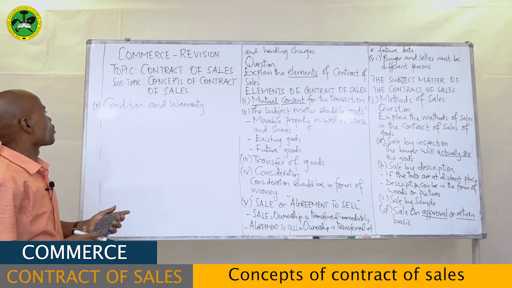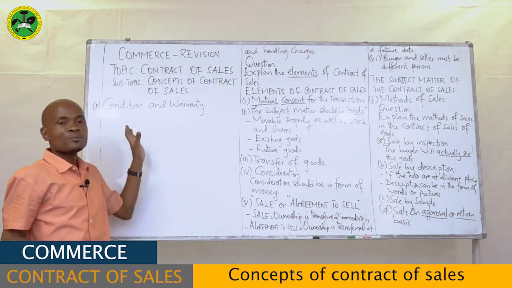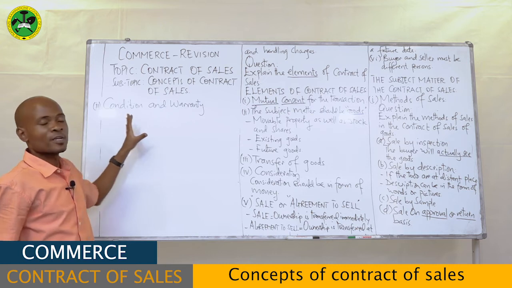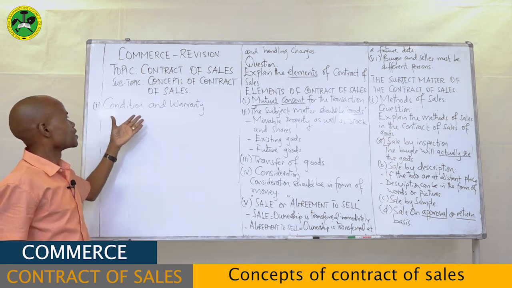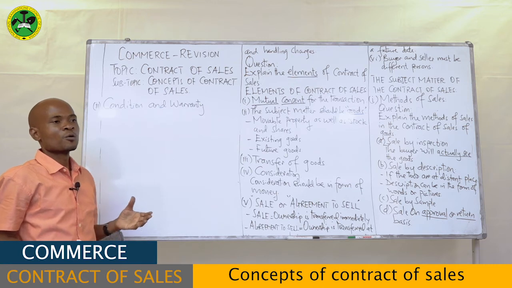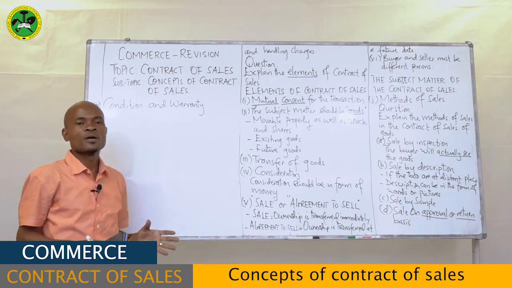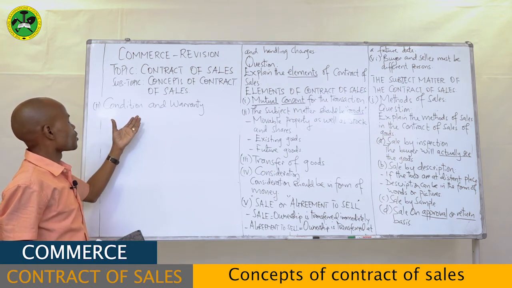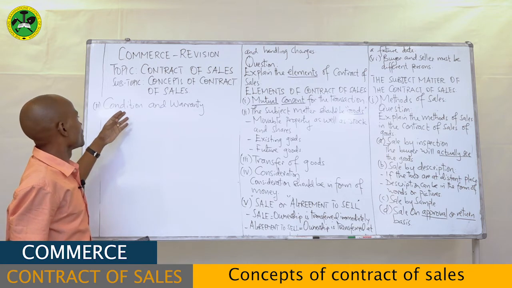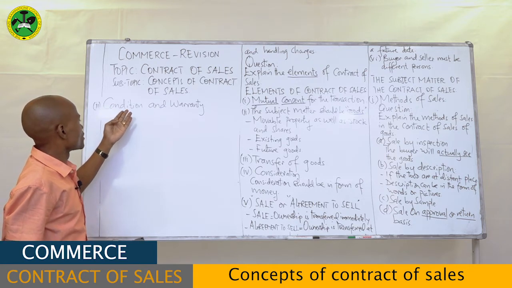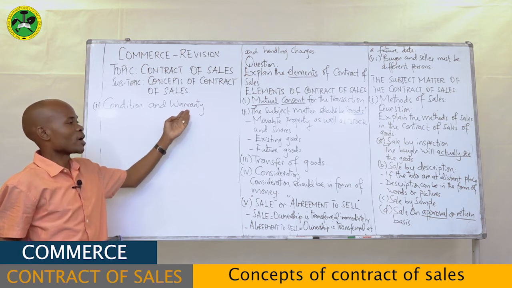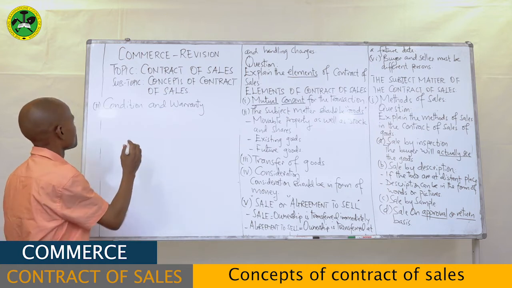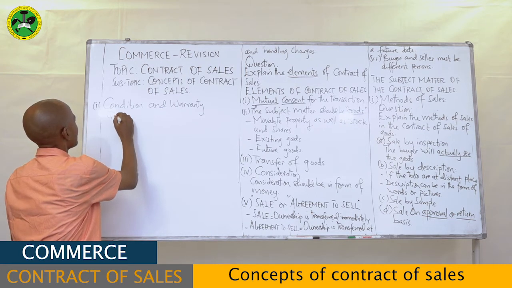Now, to remind you, at the beginning we explained about the terms of stipulation, where we said those are the things which the two sides must agree upon. Now, those terms of stipulation can be written as condition or as warranty. And again here we can have a question.